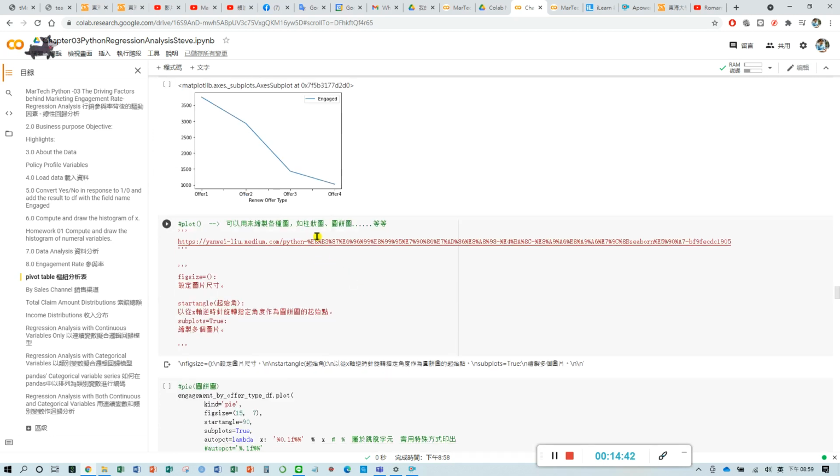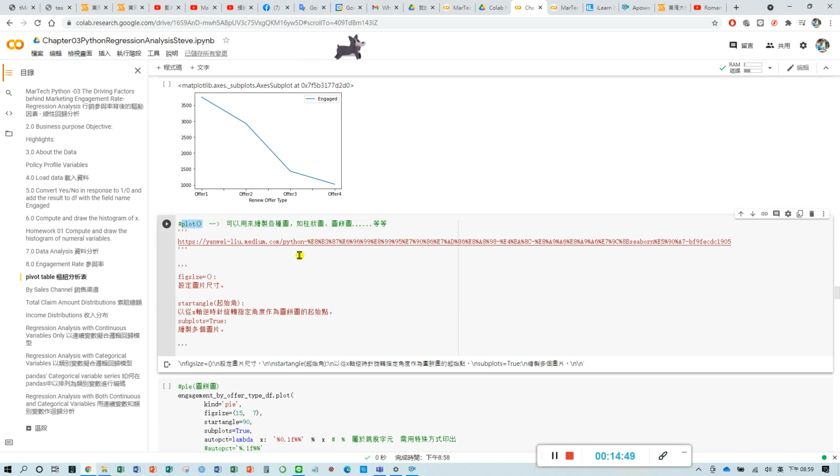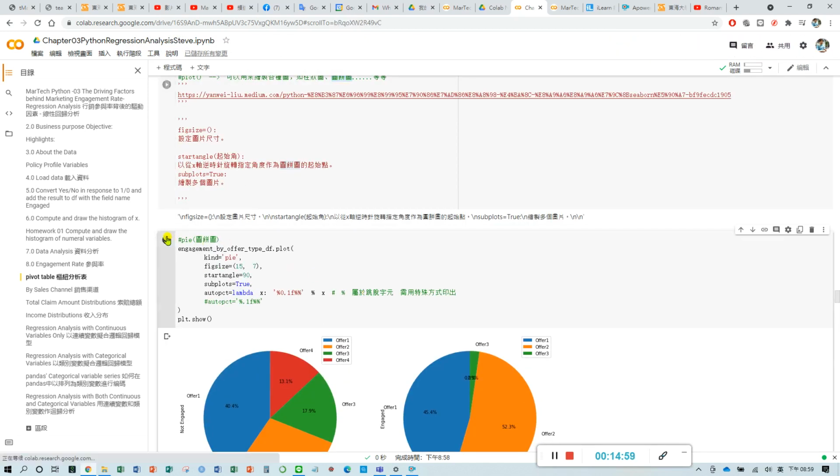Okay, here I have some class notes for you guys. You can use the plot to draw the visualizations. Also, you can do the bar chart and the pie chart.